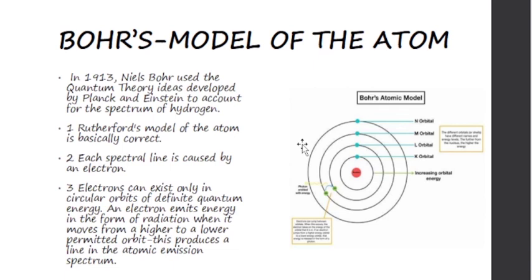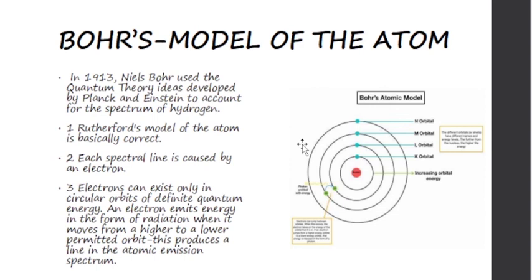After Rutherford made his theory, it did not account for the quantized levels in an atom, and that's where Niels Bohr came in. Niels Bohr was able to develop Planck's and Einstein's theory and used it to describe an atom as possessing electrons found in quantized energy levels.